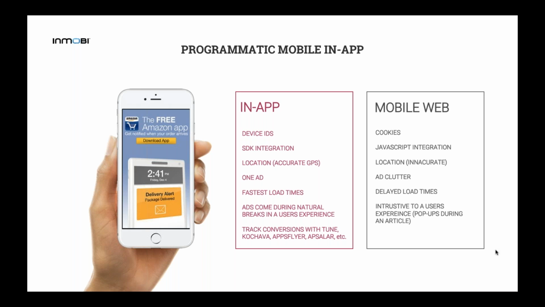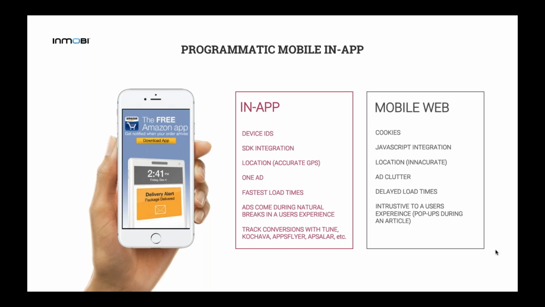So what are some of the major differences between buying mobile in-app and mobile web? I'm sure most of you are very comfortable with buying on desktop and mobile web. You're familiar with cookies. It's a JavaScript integration on mobile web. But there are some differences when it comes to in-app. In-app, it's a cookieless world. It's device IDs that you're targeting.